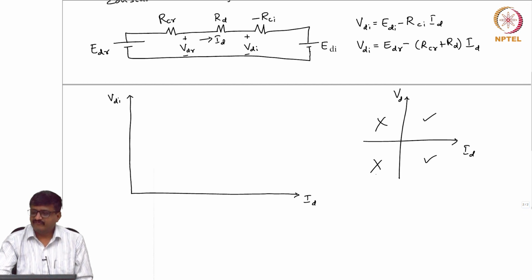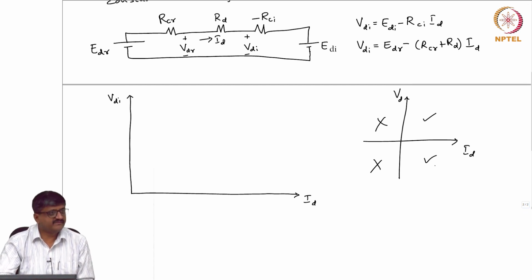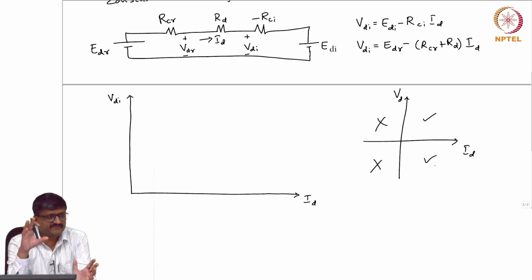Now, first and fourth are allowed because it's the same converter that can operate both as rectifier and inverter. Now, I have 2 converters in the system, one is fixed to be rectifier, another is fixed to be inverter. So, there is no change of role.